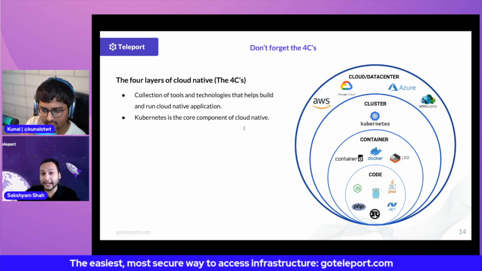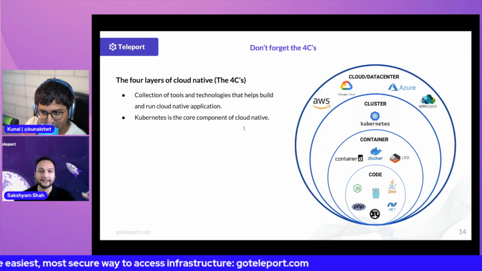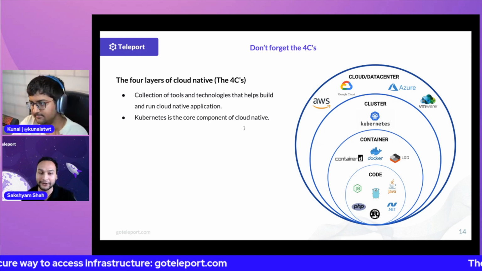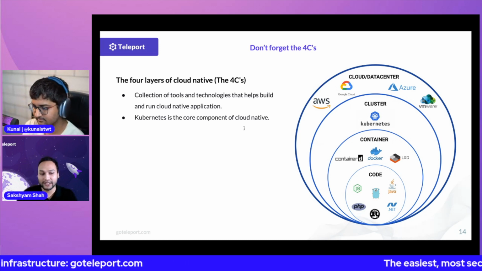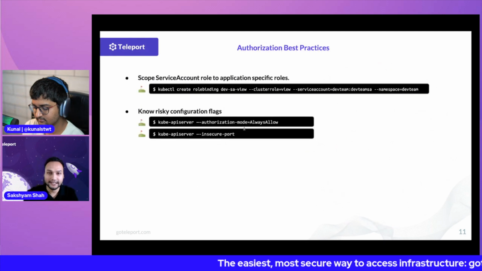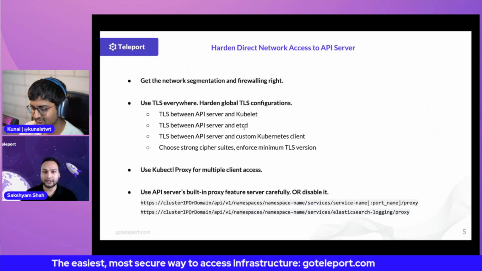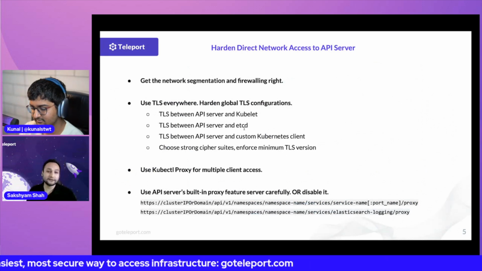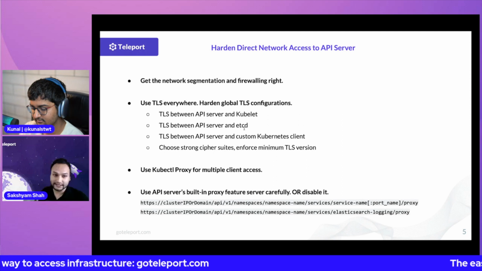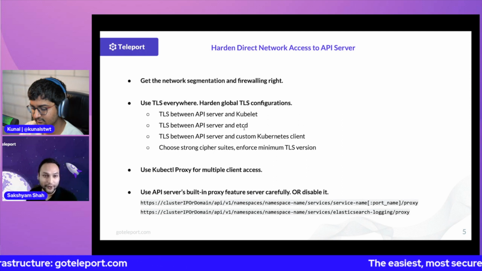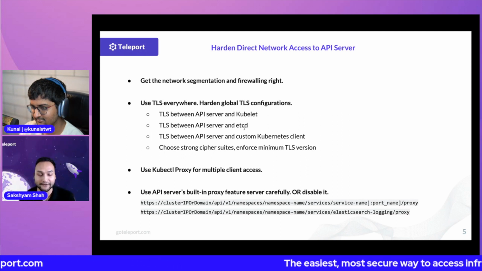And again, let's keep in mind the four C's of cloud native security always, and you have to think about it in every phase of the access control as well. So let me just go back to hardening network access to the API server. The first one you have to think about is obviously the basic one, which is network segmentation and firewalling.